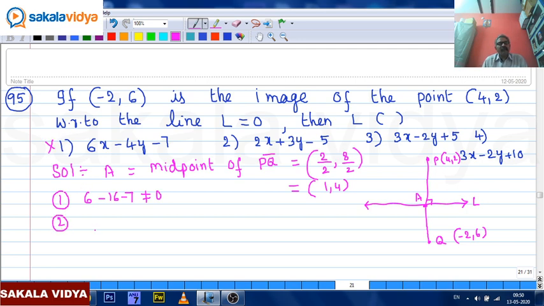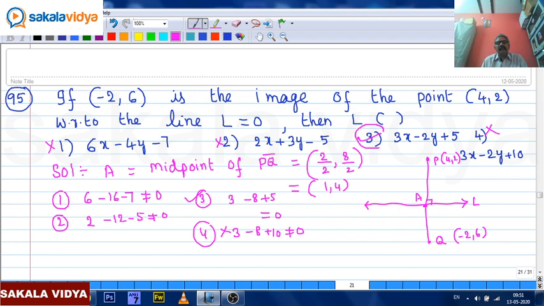Second option: 2 into 1 is 2, minus 12 minus 5 does not equal 0, ruled out. Third option: 3 minus 8 plus 5 equals 0. Yes, so the third option is the right option. Try the fourth option also: 3 minus 8 plus 10 does not equal 0, so it is ignored. So the third option is the right option.